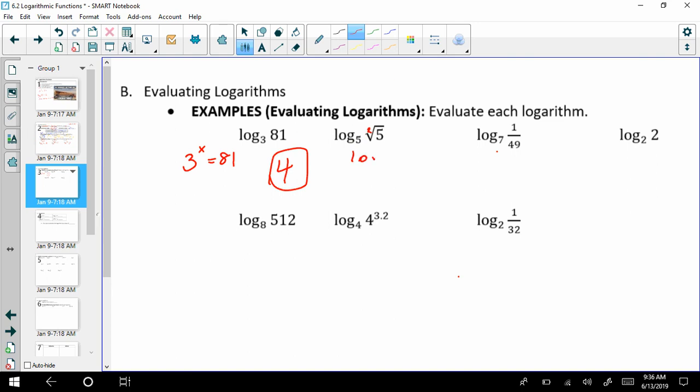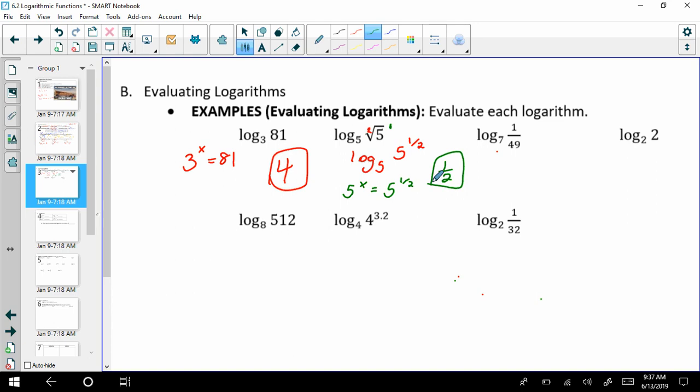Let's rewrite it as 5 raised to, and now if I rewrite it as an exponent, it would be 1/2, because remember, when you rewrite it, the exponent outside is the top number, and the radical, the root, is the bottom number. So now this is asking my base of 5, 5 to what power is 5 to the half? Well, that's easy to see. X has to be 1/2. 5 to the half is 5 to the half.